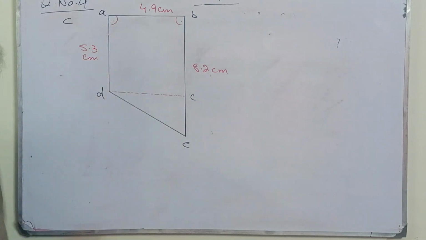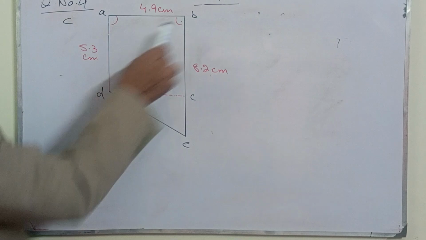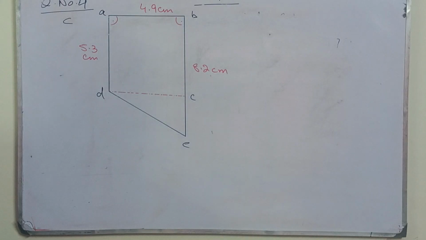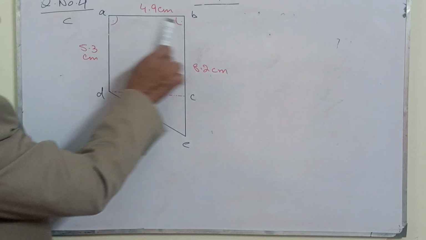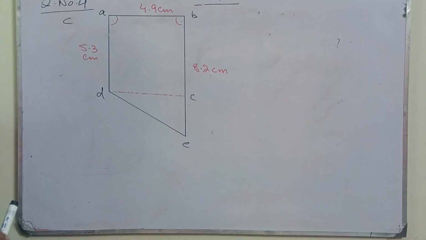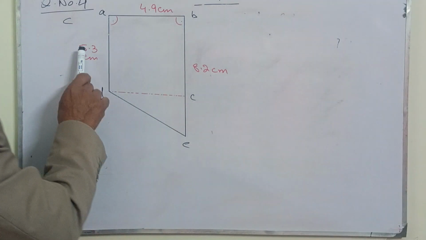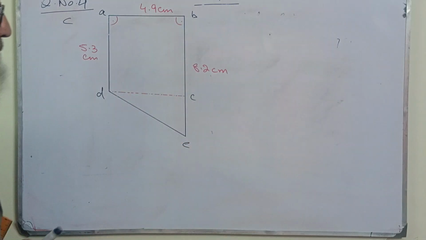These are the two perpendiculars given in your book. So you can consider that these are parallel lines and a transversal is cutting them, so all these angles are equal. So, my dear students, 5.3 and 8.2.